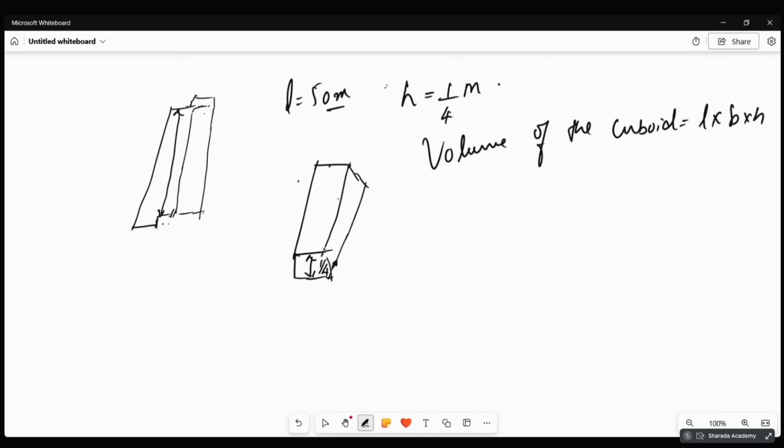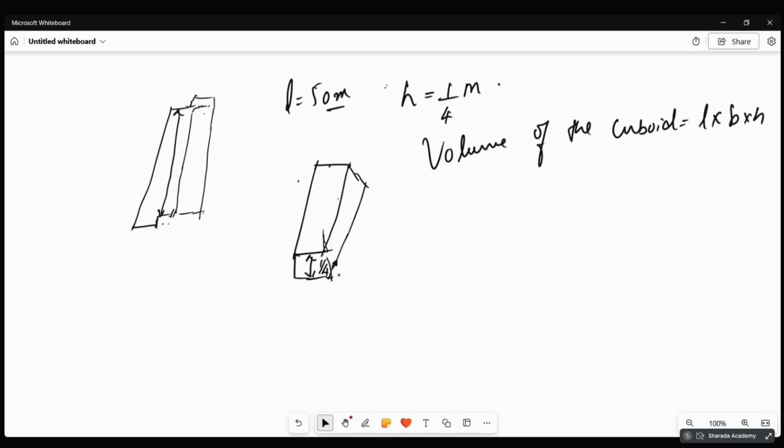But from one step to another, what differs is the width; maybe you can take that as a height. So for each step, it increases, right? So how much will it increase? Each step has a rise of 1 by 4 meters and a tread of 1 by 2 meters. So each tread will increase by 1 by 2 meters.